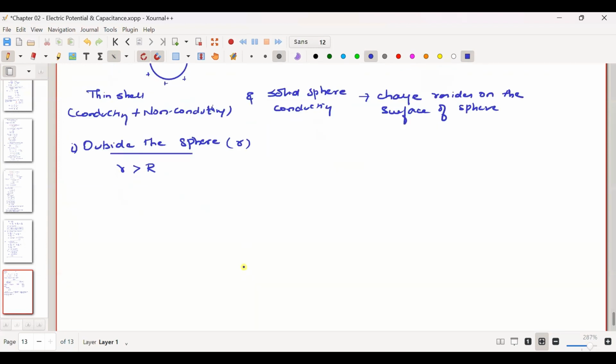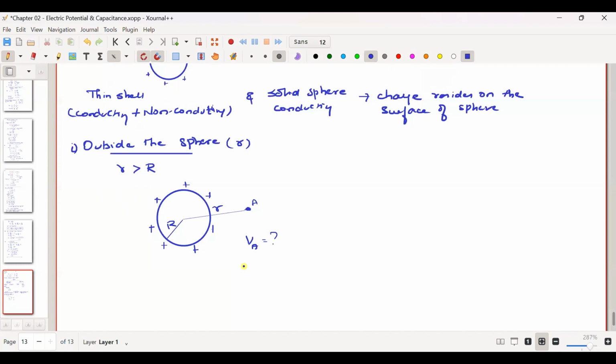I have a sphere where the charges are residing on the surface. The radius here is R, and I'm choosing some point outside the sphere at a distance small r from the center. Let's say this point is A. What will be the potential at A? That is what we want to find out.